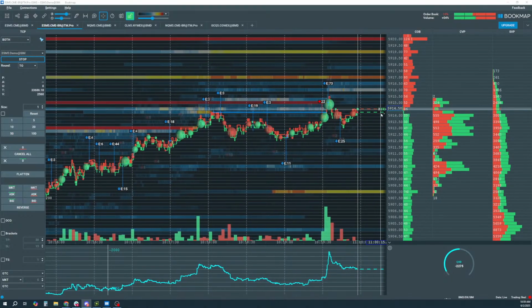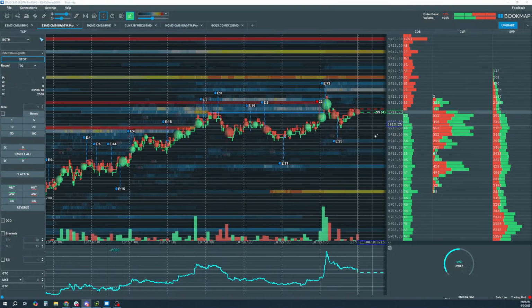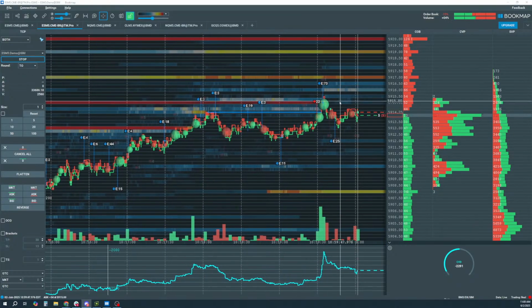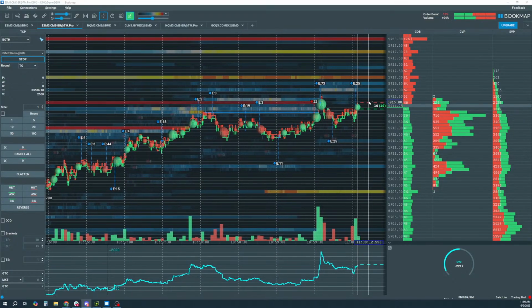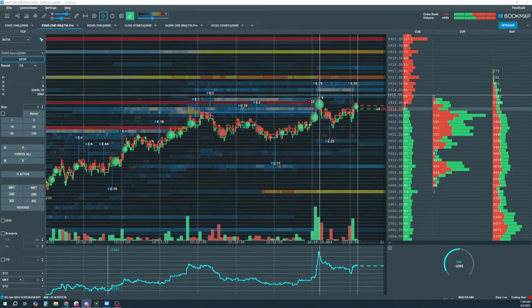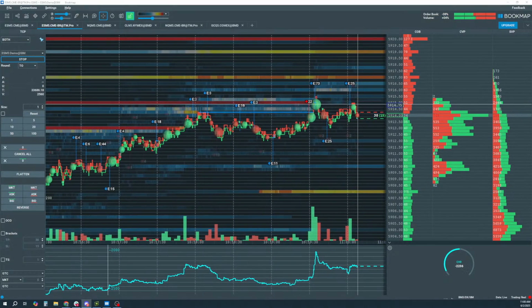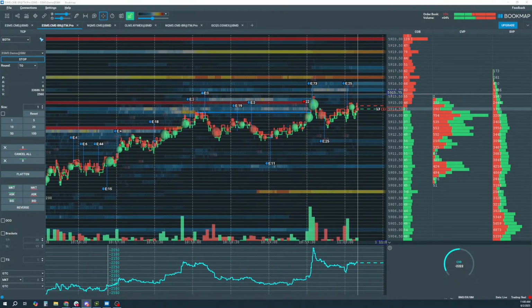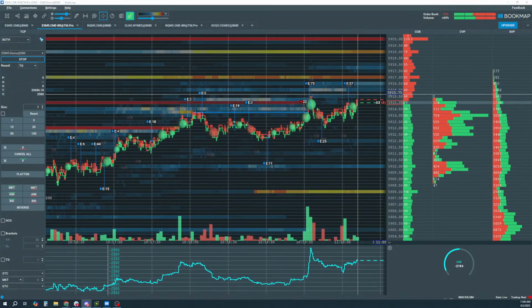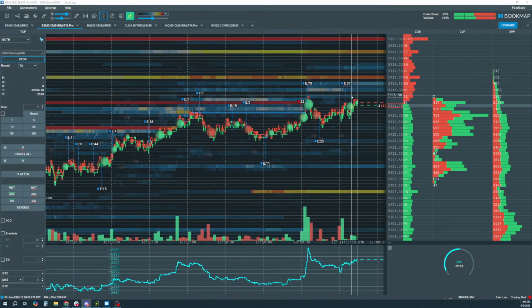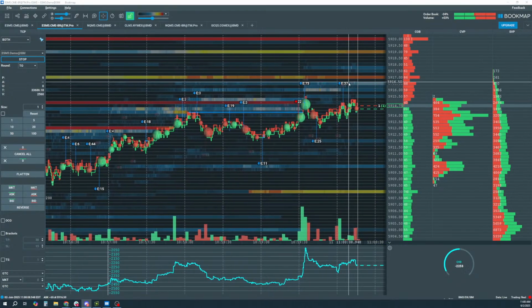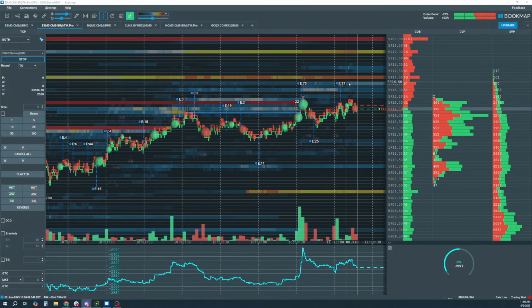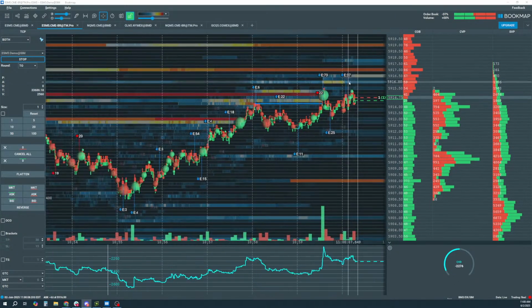That's when we're looking for sellers to roll back in again and take it to the downside. It tried, it probed, it tried to get higher and couldn't. These kinds of ideas in terms of supply and demand are always going to be in the market, regardless of who's trading it.